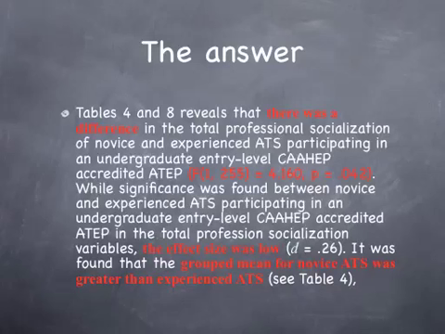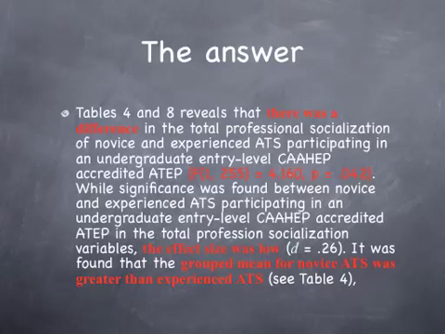It was found that the group mean for novice was greater than the experienced athletic training students, and you can see table 4. So what I'm saying there is, yeah, there was a difference, but there really wasn't, because the effect size is telling us that they were so close that statistically, yeah, there was a difference, but it really wasn't that meaningful.